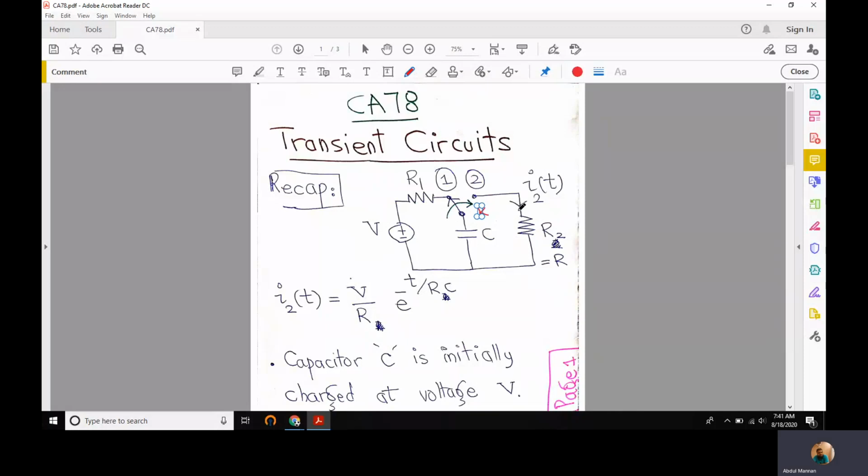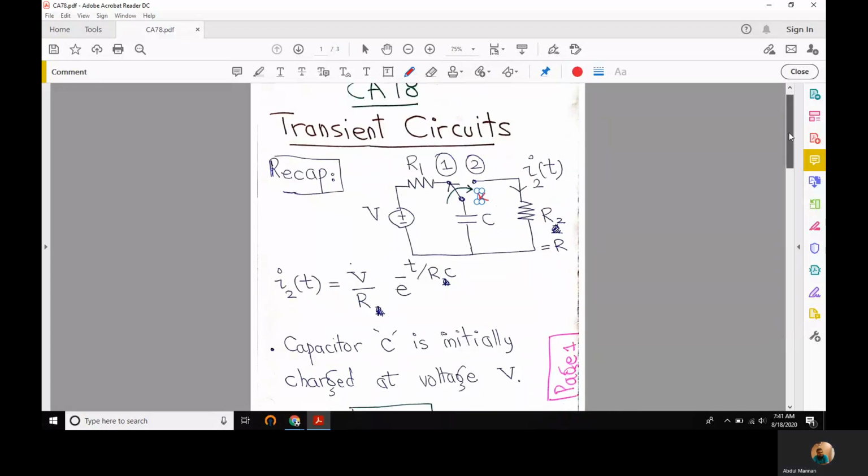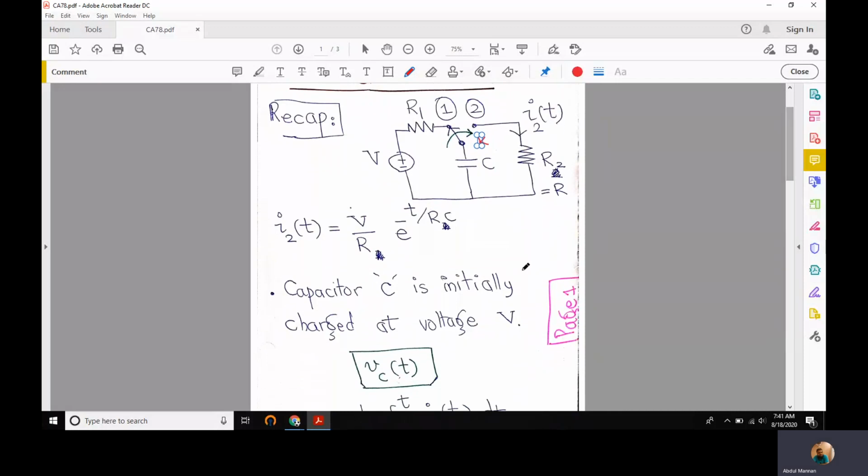And we computed an expression for this current I2 of t that this charged capacitor caused through this circuit when the switch was moved to position 2, for all t. Initially it is V over R, and then as time approaches infinity, I sub 2 of t becomes 0.